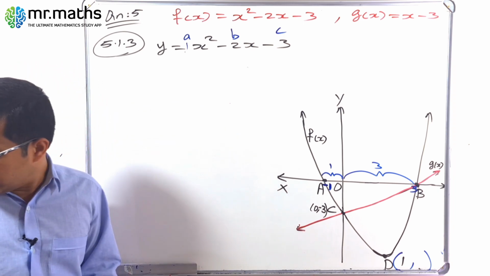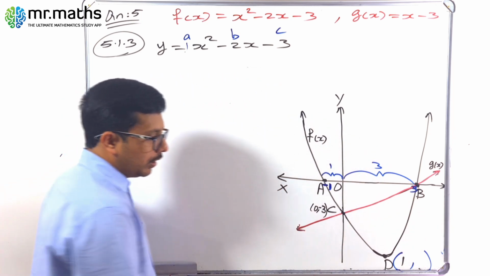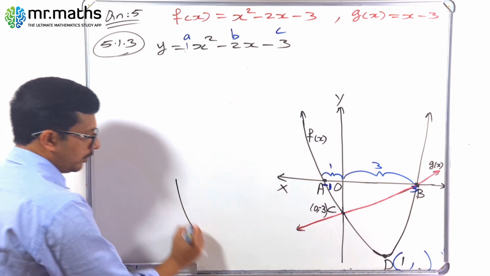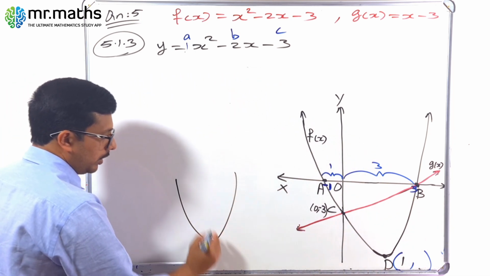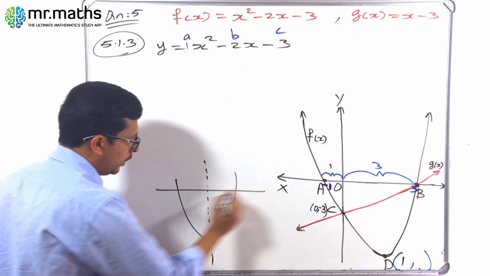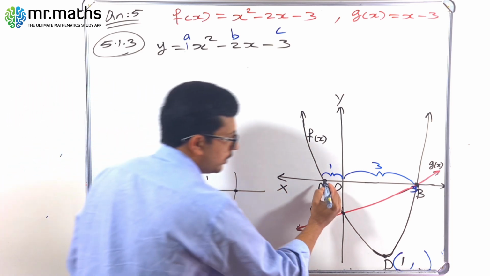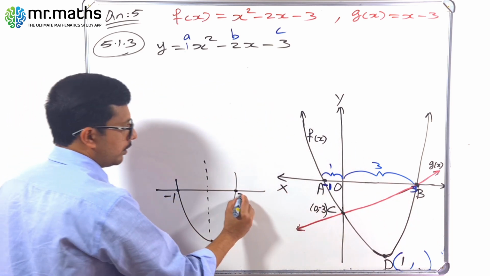Look at the points A and B. This turning point, if I draw like this, is on the axis of symmetry. Here this point is minus 1 and B is 3.